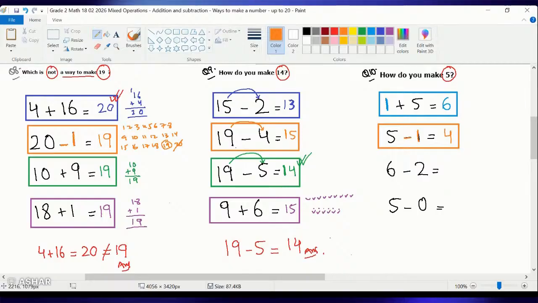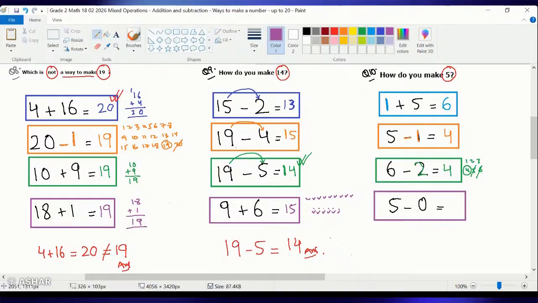How about 6 minus 2? If we don't know how to do this, we can simply write the numbers 1, 2, 3, 4, 5, and 6. We have to minus 2. We remove 2 numbers and we are left with 4. And if we ever subtract or add 0 to any number, we know the rule: subtracting 0 or adding 0, the number always stays the same.